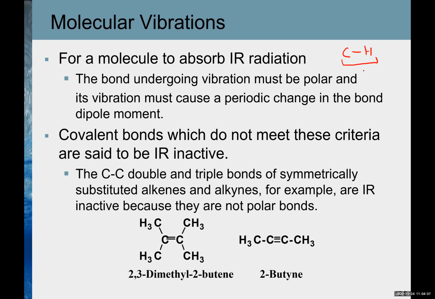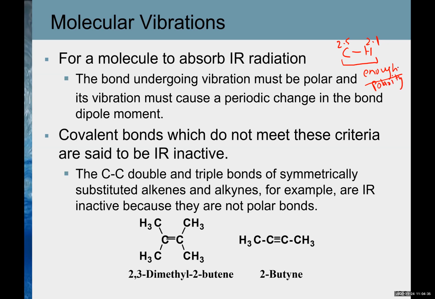Non-polar. We considered it non-polar earlier, but that's mainly for calculating solubility. If we look at the dipole moment, or the electronegativity, carbon is 2.5 and hydrogen is 2.1, right? For infrared, this is enough. That's enough polarity.